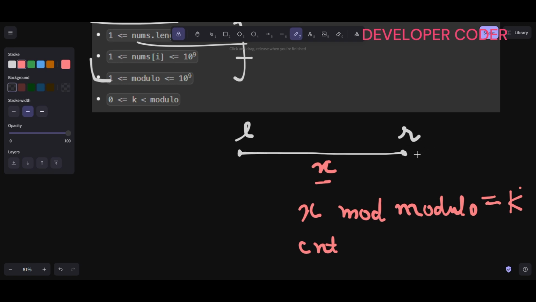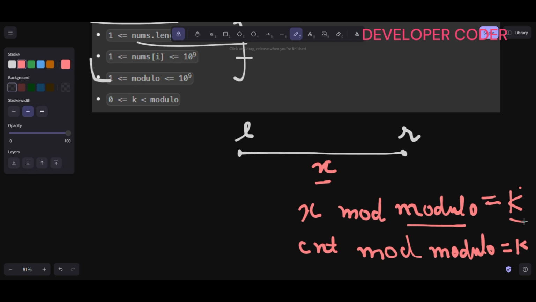It is an interesting array if count modulo modulo equals k. I hope this line is clear. So what I'm saying is, we are given an array nums, an integer modulo, and k.